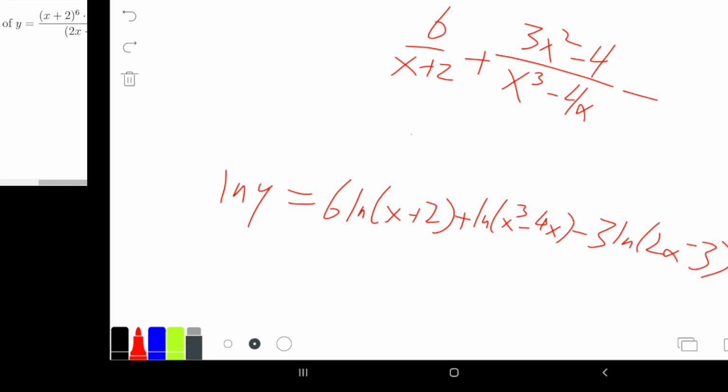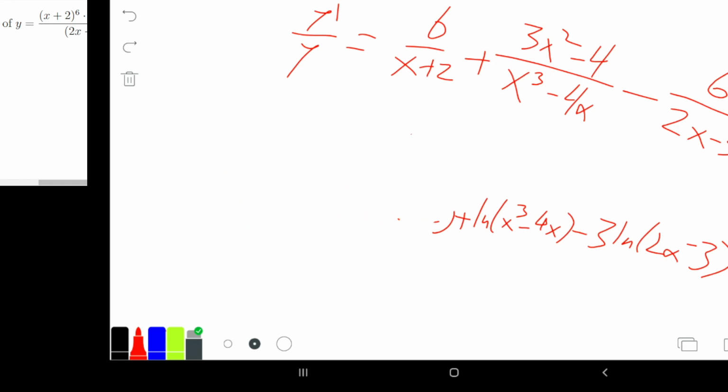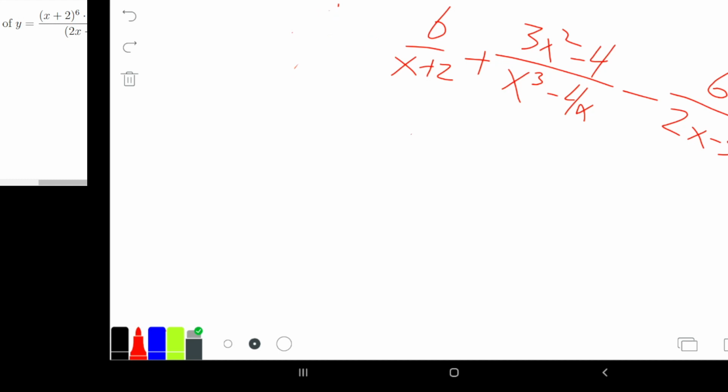We get minus 6 over 2x minus 3. And this is all equal to the derivative of ln y, which is just y prime over y. All right, we multiply both sides by y, and we get our expression for y prime, or dy dx.